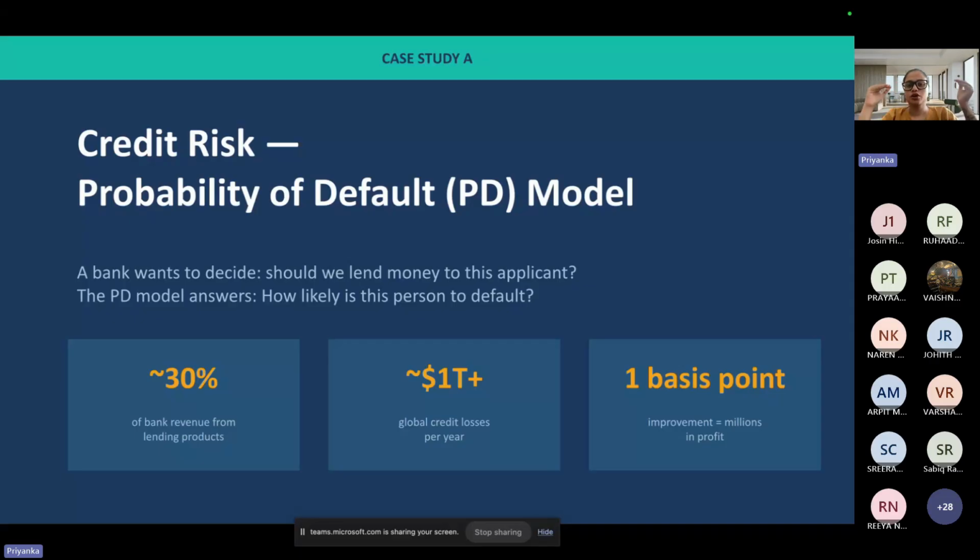So if someone defaults, the risk of the banks increases, and as a result, the bank will not take that risk. Why? First, it will make losses. Second, reputation is at stake. Most of us know how Vijay Mallya took a huge loan, defaulted and ran away from the country.